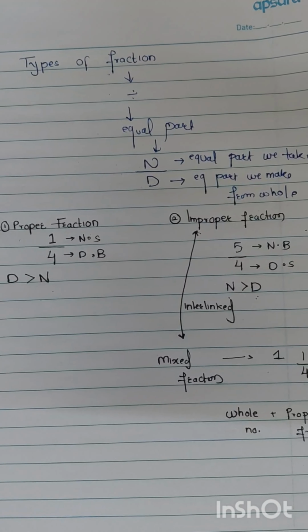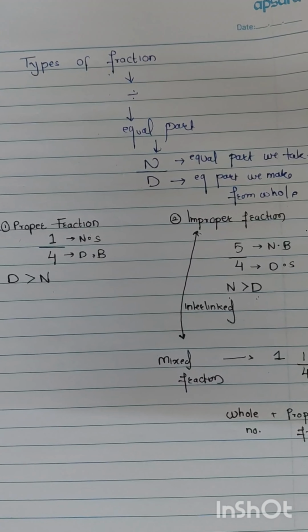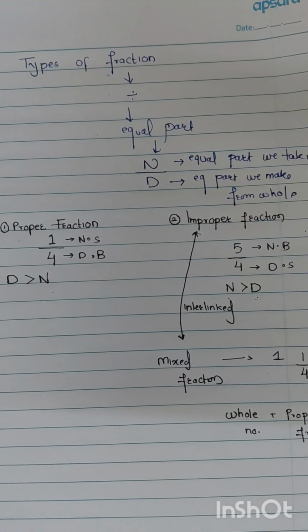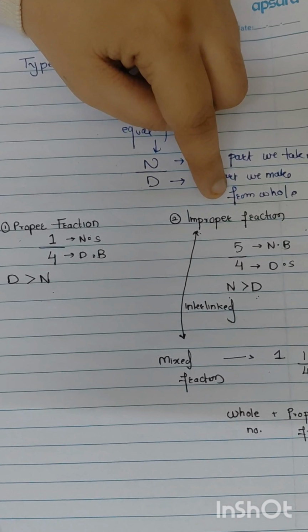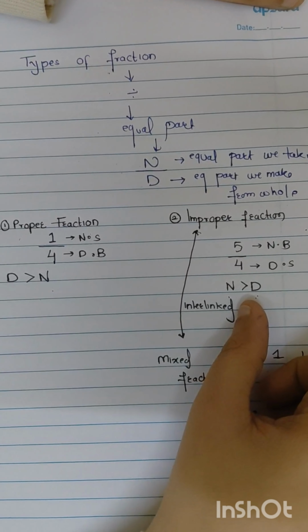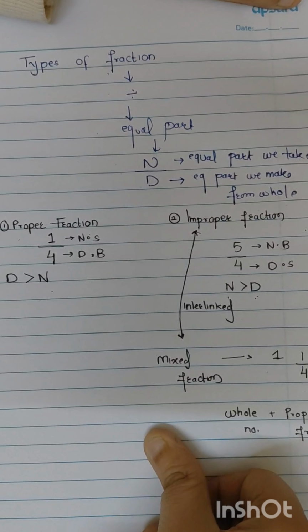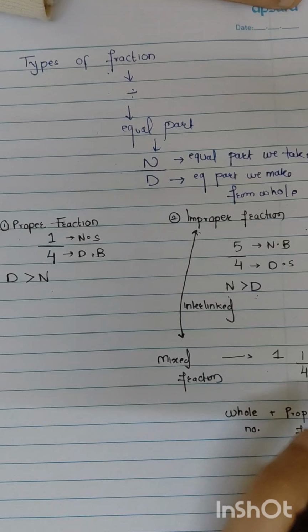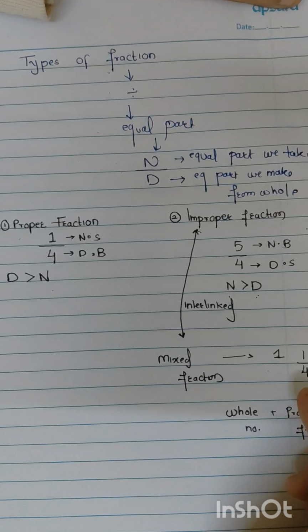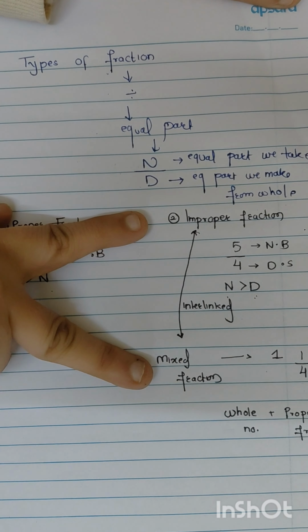In a proper fraction, the denominator is always greater than the numerator. In an improper fraction, the numerator is greater than the denominator. And in a mixed fraction, we see 2 parts, in which a whole plus a proper fraction will be there. And we see this mixed fraction and improper fraction are interlinked.